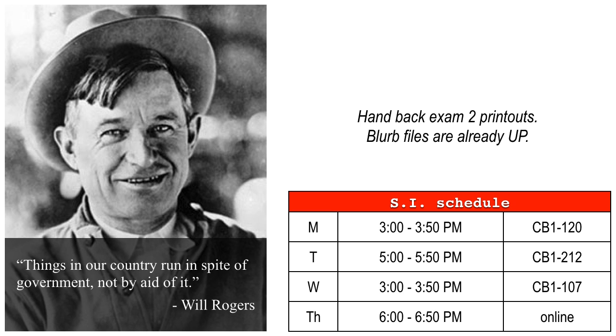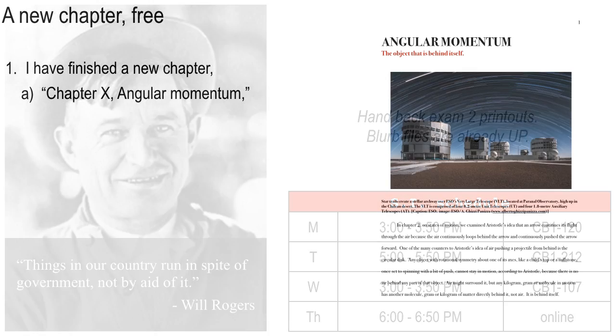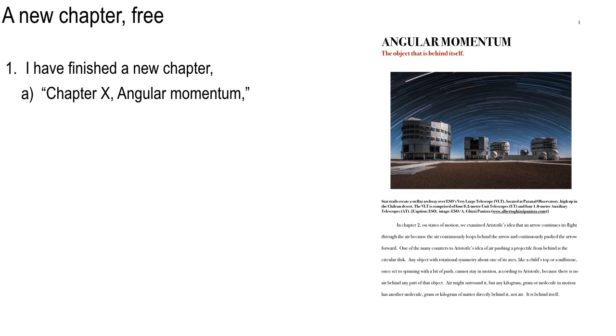Some news and announcements. First is I finished a new chapter for the e-text. It's not going to be in the one that you purchased, but I'm going to give it to you for free. I didn't give it a number, so I just called it Chapter X. It's going to be the new Chapter 5, but I don't want to mess your guys' minds up too much.